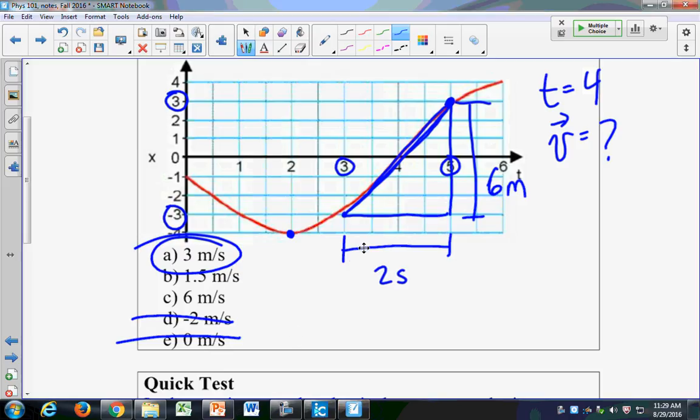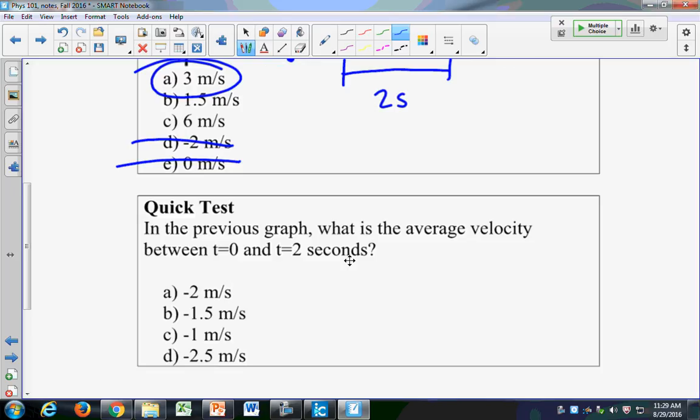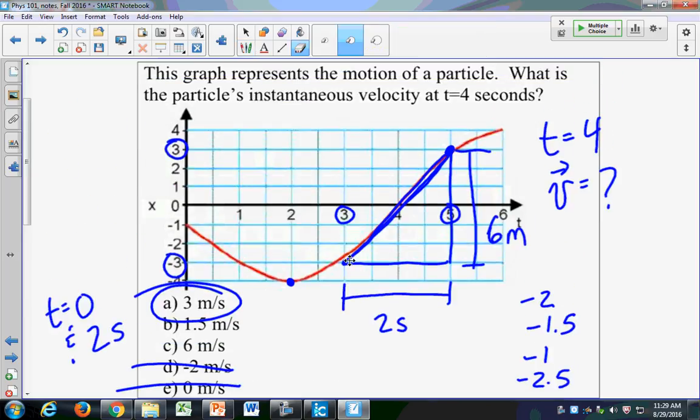I'm going to write the options up here. I know not all of you have everything yet. But I want to know what is the average velocity between t equals 0 and t equal 2 seconds. And your options are going to be -2, -1.5, -1, -2.5. I'll go back up to the graph and let me clear it out for you.